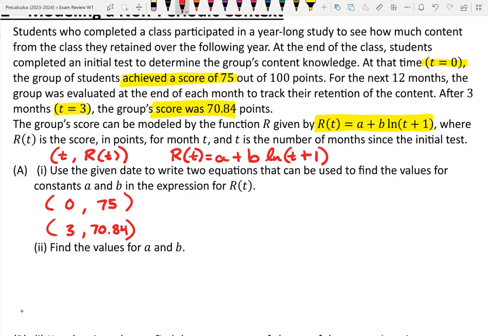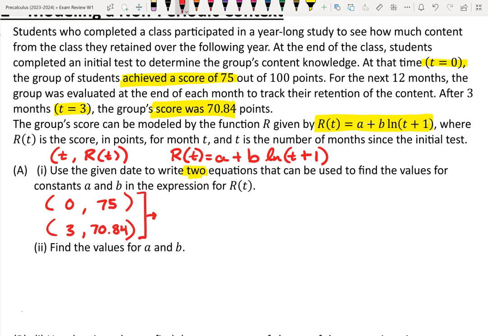Again, 75 and 70.84 are the r of t values. Using these, they want specifically 2 equations. So literally we just plug in the information and write 2 equations from the 2 points.